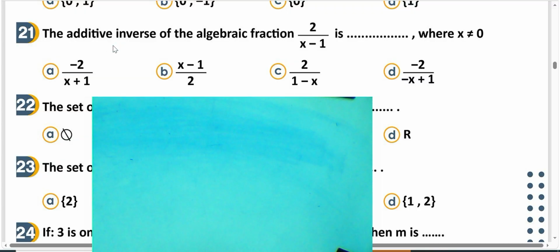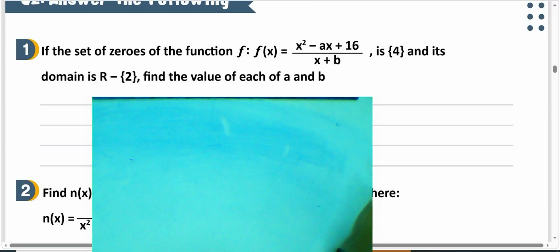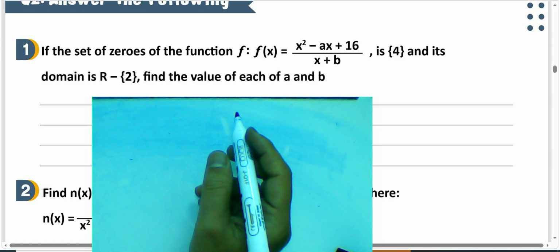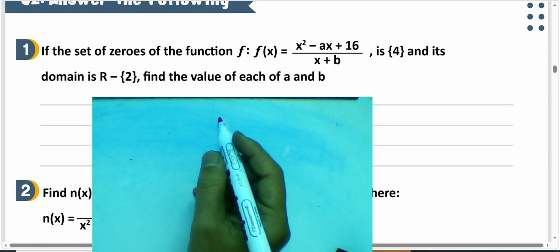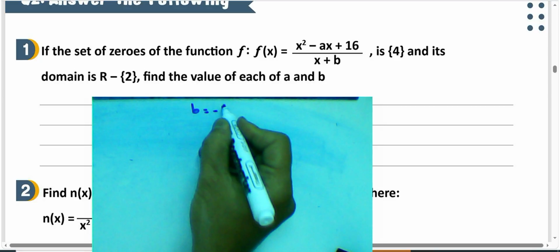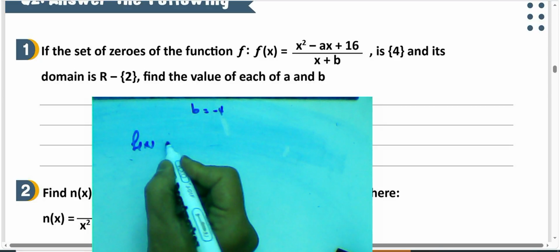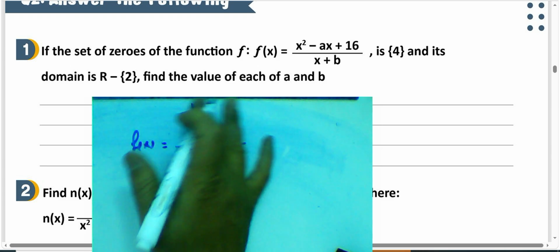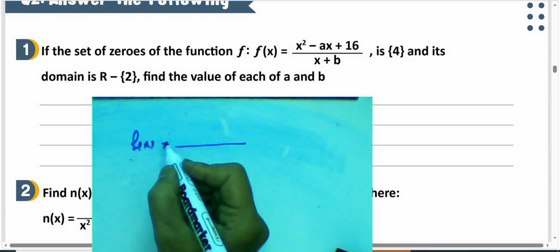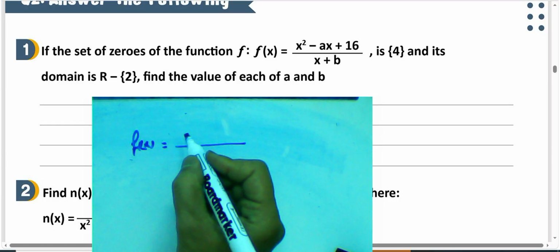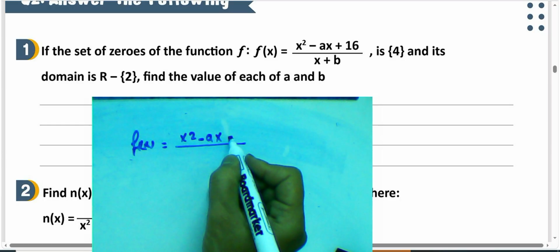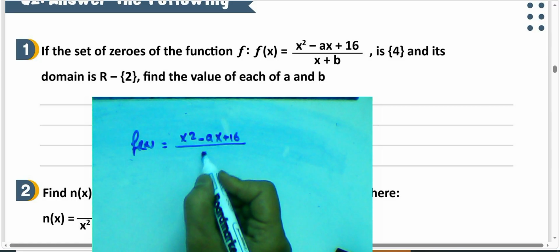Next question. If the set of zeros of the function equals 4 and the domain is R minus 2, find the value of a and b. First step, we have the set of zeros of the function equal to 4. It means the value of b will be negative 4. Then the function of x, it asks about the domain R. Okay, first I write the function f of x equals x power 2 minus ax plus 16 over x plus b.